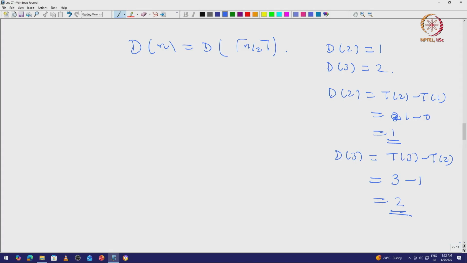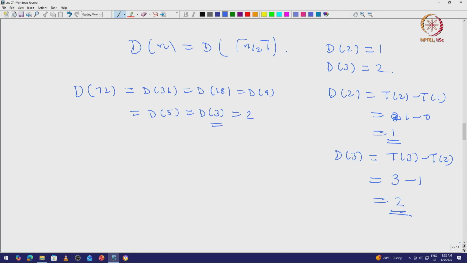For example, let us consider D of 72. D of 72 is D of 36, which is D of 18, which is D of 9, that is equal to D of 5, and that is equal to D of 3, and D of 3 is 2.